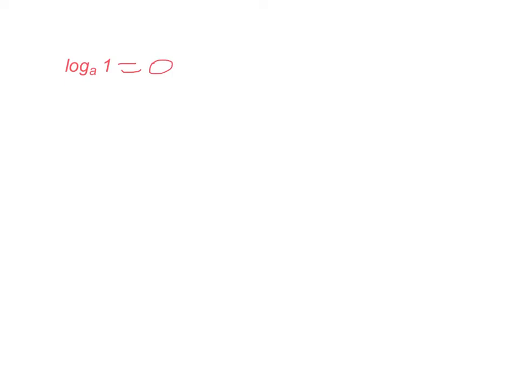That's because if we switch this, let's say we don't know what it is, and again we'll call it t like we did in the previous one, and we switched it, a to some power gives us 1, well, it has to be 0. So no matter what, log of any base of 1 is going to be 0.